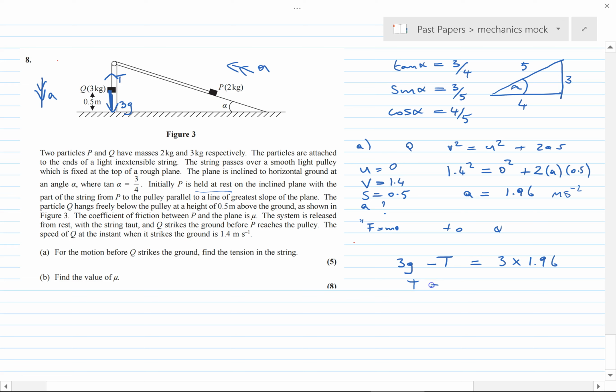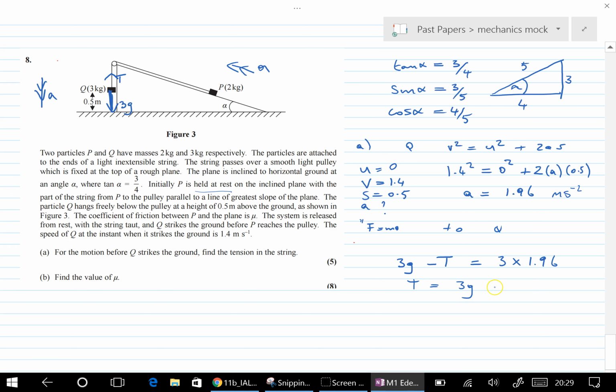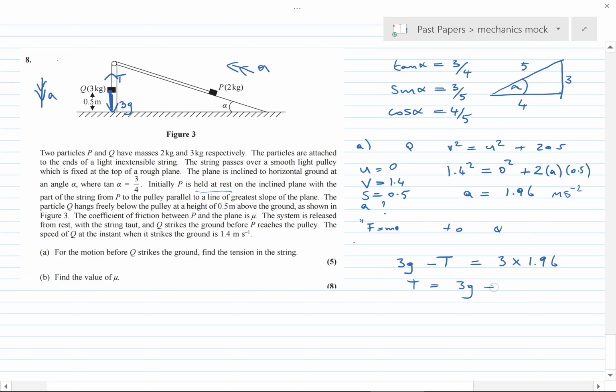So that gives me T is equal to 3g minus 3 times 1.96. That gives T is equal to 23.52, but we really want to round that to either 2 or 3 significant figures: 23.5 newtons, or maybe even 24 newtons, because it's definitely rounded up to 24. Okay, so that's part A done.